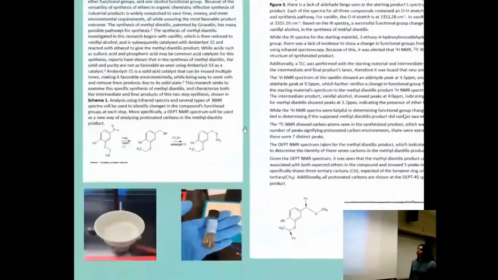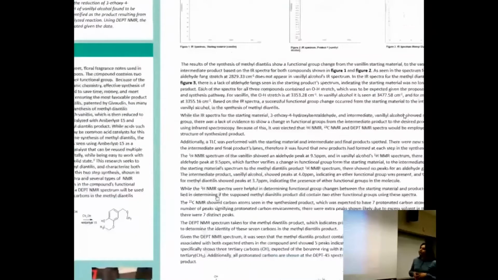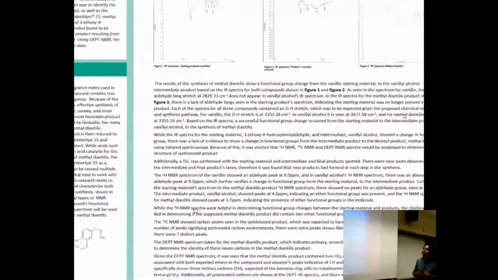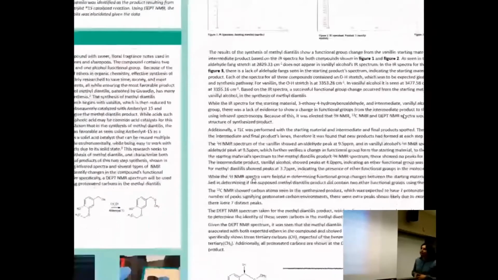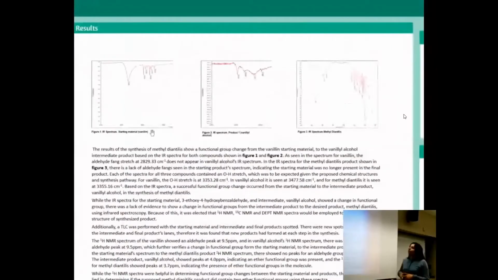So originally, this was a reaction puzzle, but upon investigating the results of the IR and NMR spectrum, I realized that the IR spectrum and NMR spectrum couldn't really tell me exactly what changes were being made from each step in the synthesis. So looking at the first IR spectrum of the starting material, you can see that there's aldehyde fangs, and then comparing that to the second IR spectrum, which is the intermediate product, vanilla alcohol, you can see that the aldehyde fangs disappear.